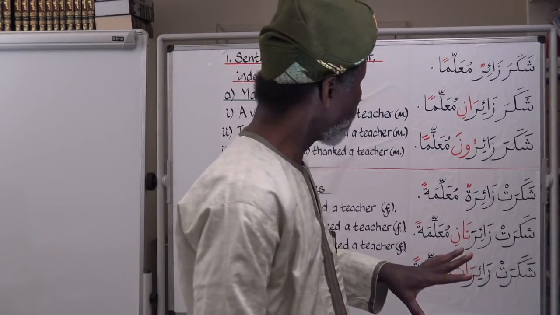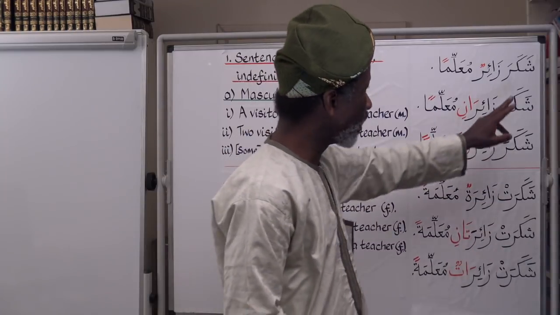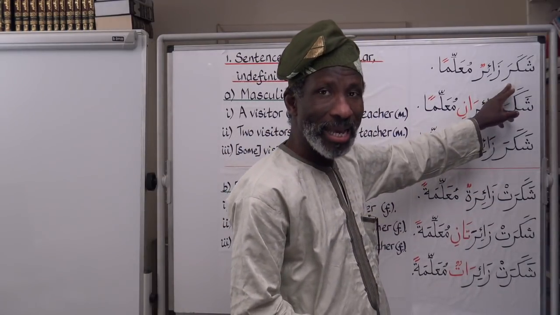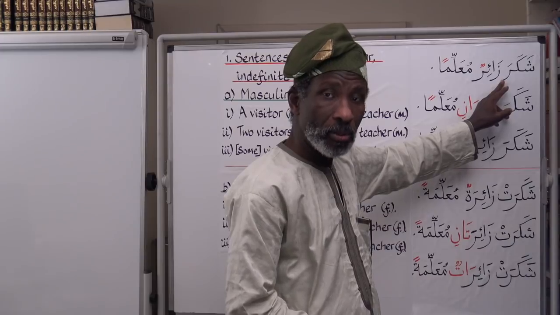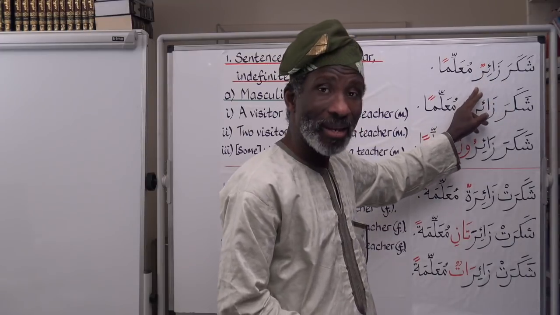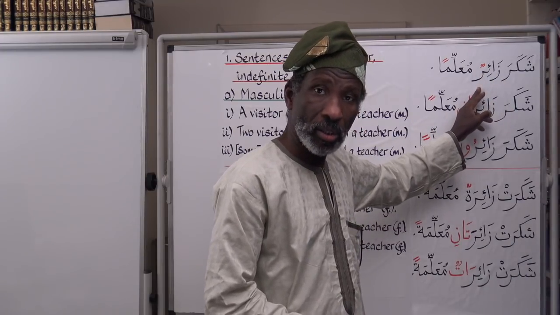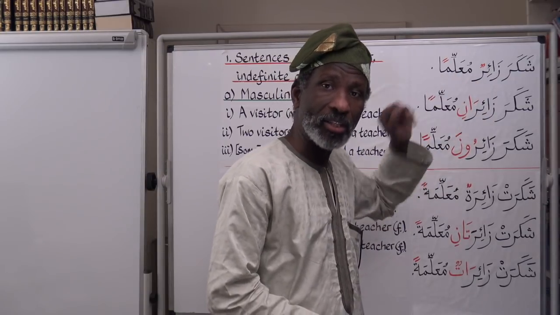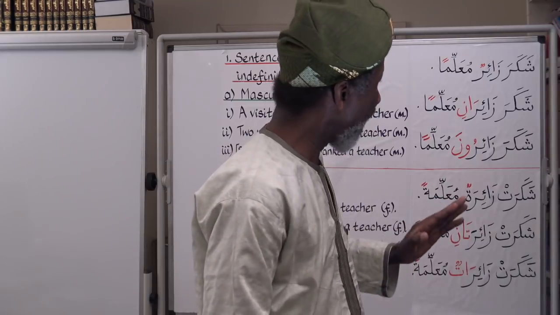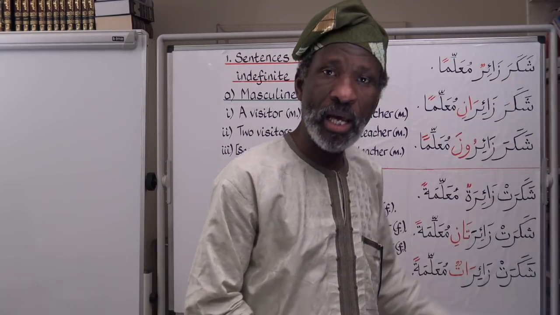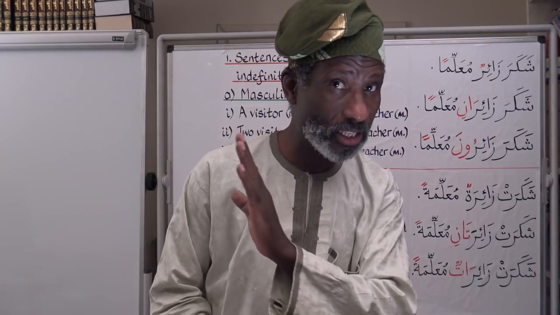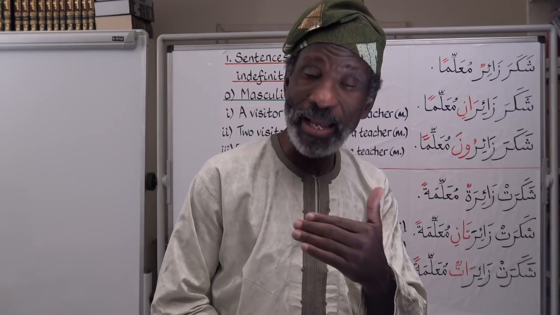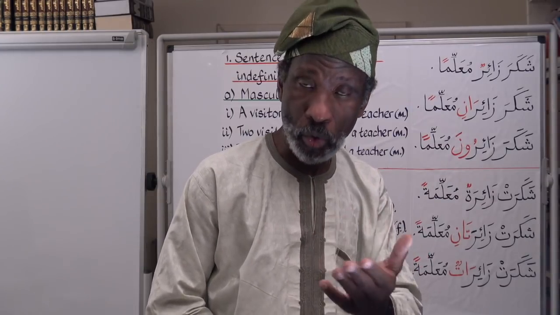Now, let me remind you, you can see the order in an Arabic sentence is verb, fa'ilun, the subject, and maf'ulun, the object. Because we start with our verb, we retain the verb, as previously explained, in a singular format, paying due regard to the gender.